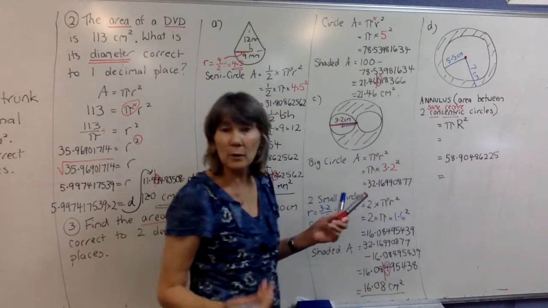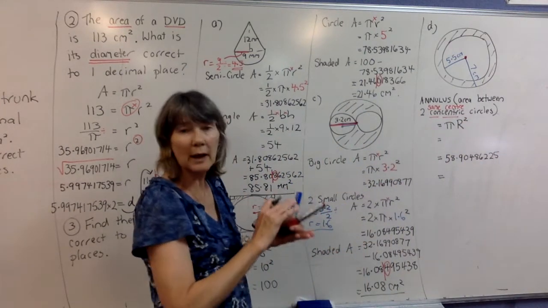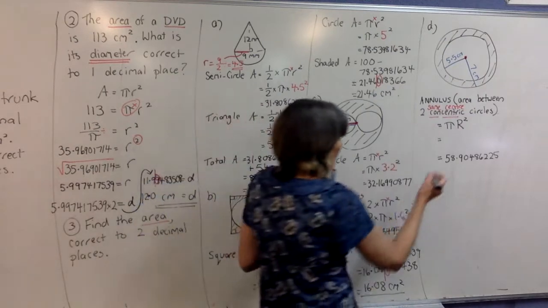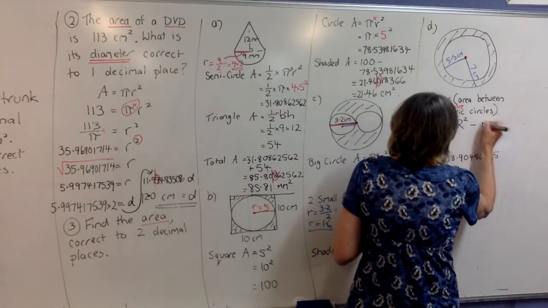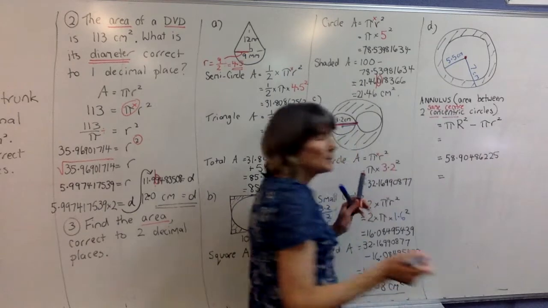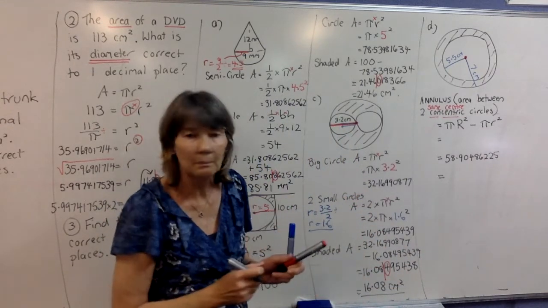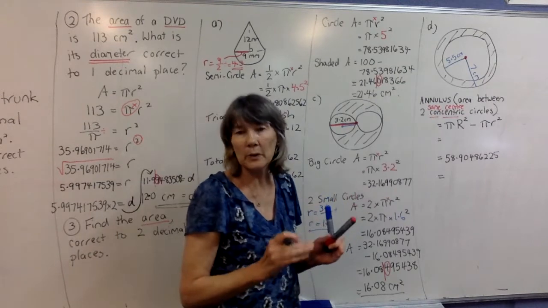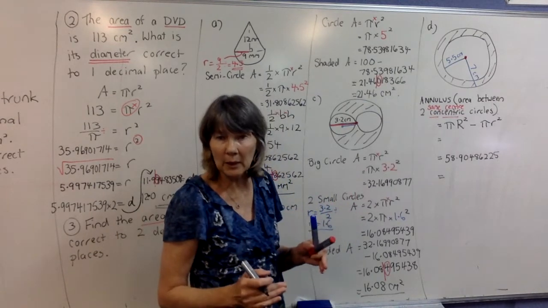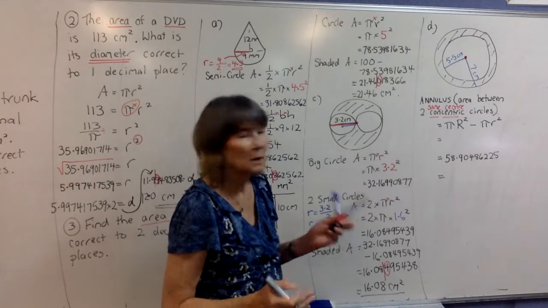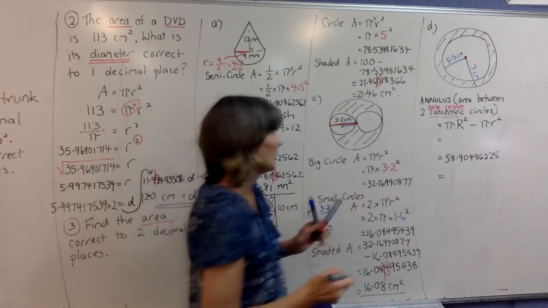That's pi r squared for the area of a circle, and I've put a capital R to say that's my big circle. And then I'm going to take off another pi r squared, but this time I've used a little r because that's the little circle. Now if you can't cope with this, you can do the 2 areas separately if you like and go from there, but I thought I'd do it a bit differently this time.